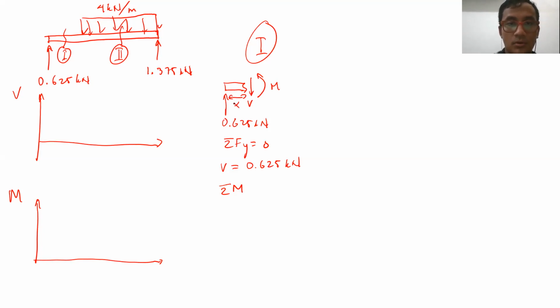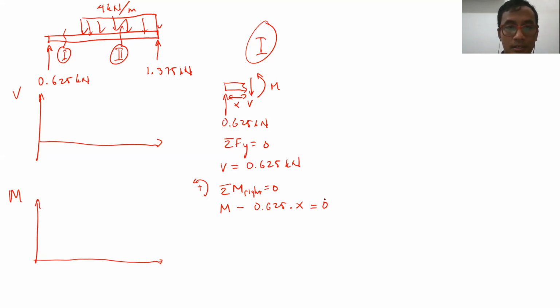Using sigma moment on the right equal to 0, and counterclockwise positive, what we will have will be moment minus 0.625 multiplied by x equal to 0.